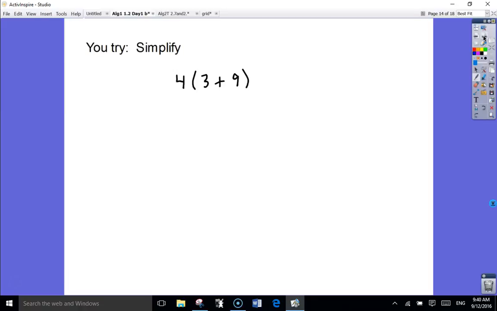Connor. 48? How many got 48? Okay, so what operation did you do first? In the parentheses, 3 plus 9. So 4 times 12, 48. Next.